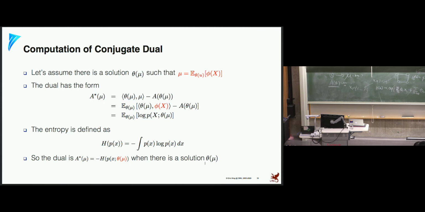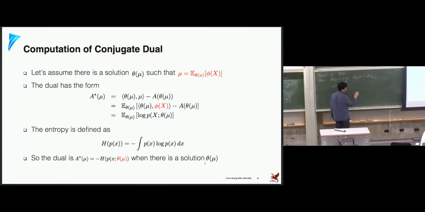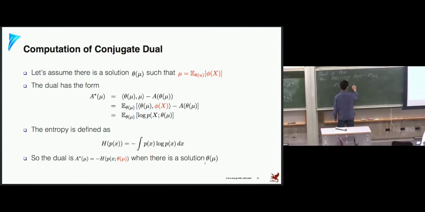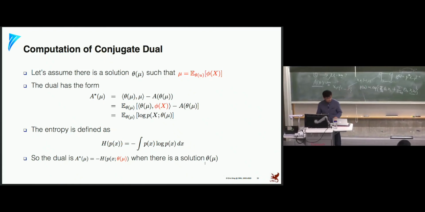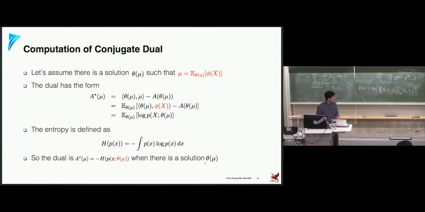And then we need to know what A star is. And we have an intermediate answer there: it's the negative entropy of this exponential family distribution. Okay?